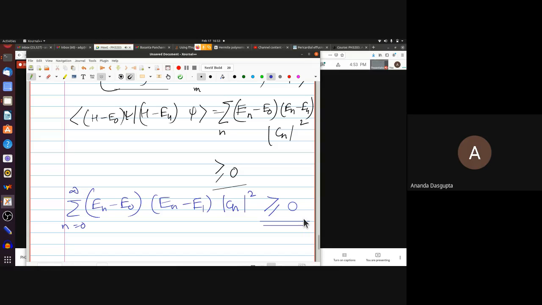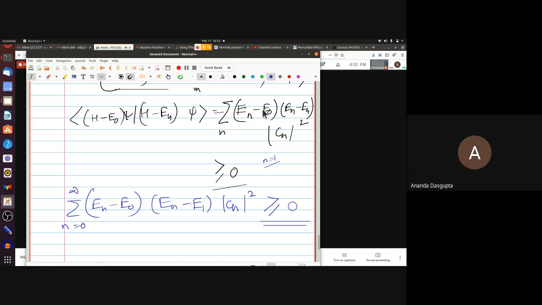Will that inequality also hold for this? No, sir. Because for n equal to 1, 2 or 3, you're right. For n equal to 1, En minus E0, of course, is positive, E1 minus E0.